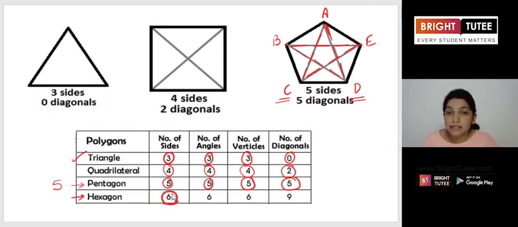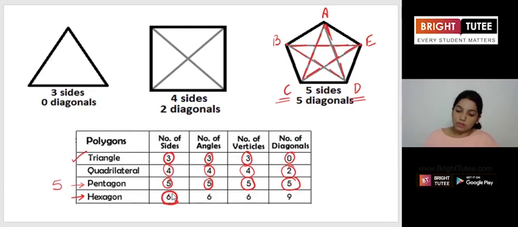For 8 sides, it is octagon, and you can relate octagon with octopus. It is also named because it has got 8 legs. So it is octopus. If we have got 9 sides in a polygon, it is called nonagon. If it has got 10 sides, it is called decagon. Okay, and you have got several names, but it's okay that you remember at least 10 of them.